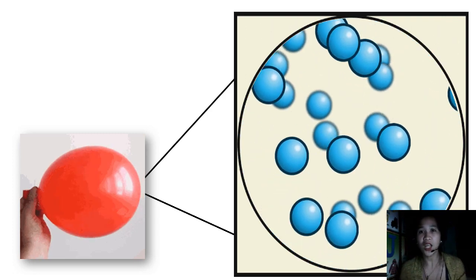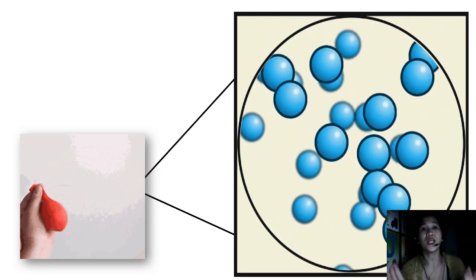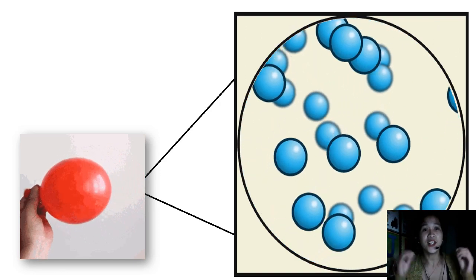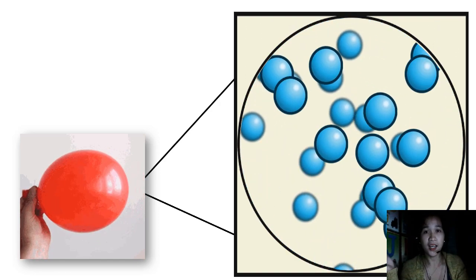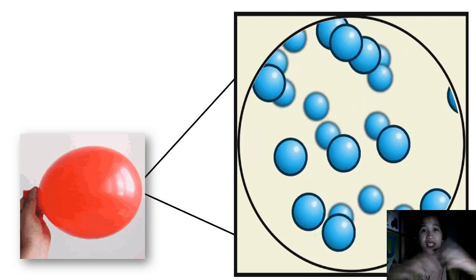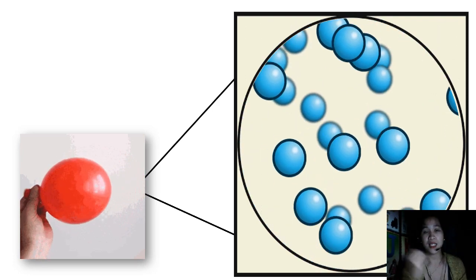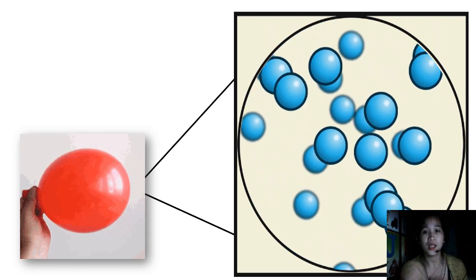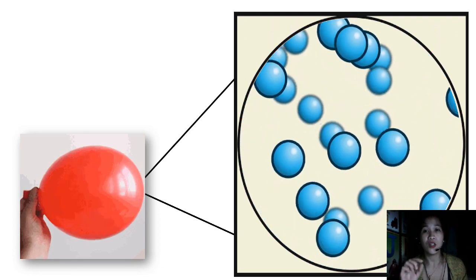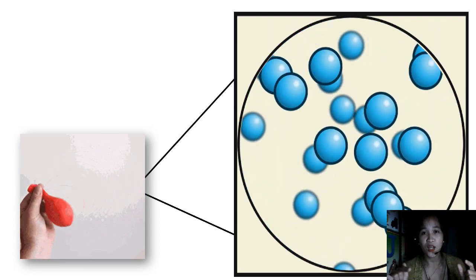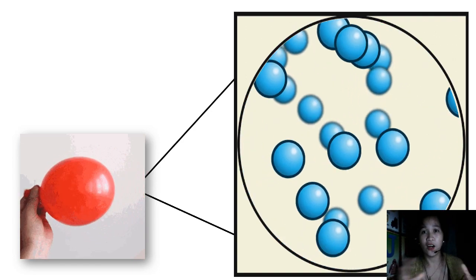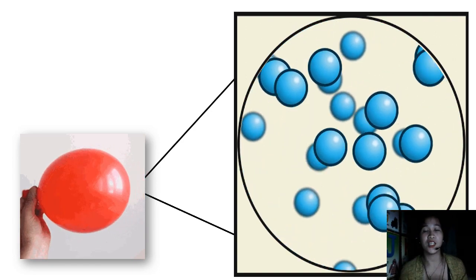So they change direction only when they rebound from the collisions. The distance between particles is large compared to the size of the particles. Look at that, guys.